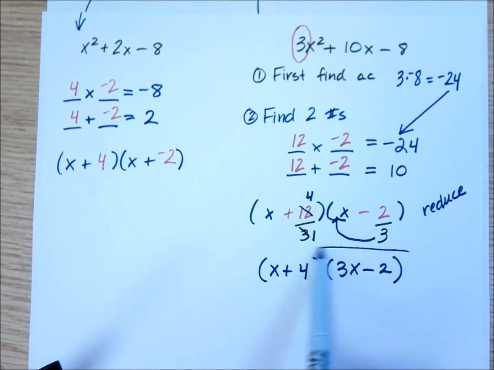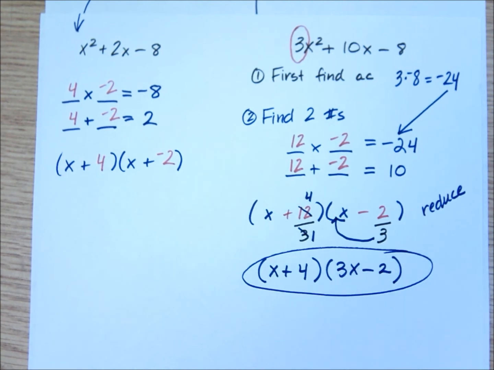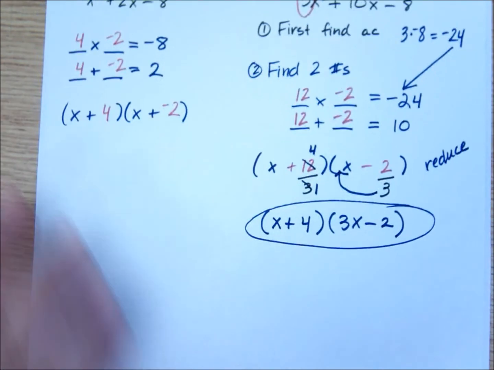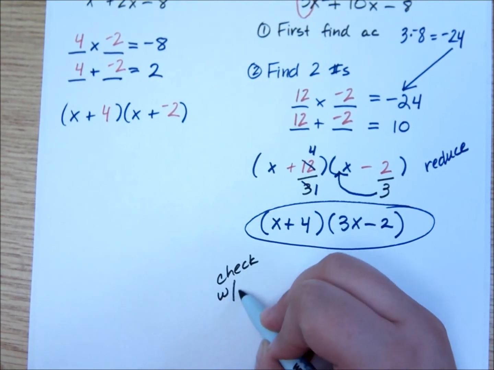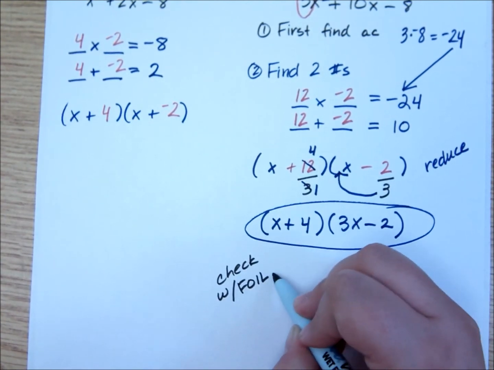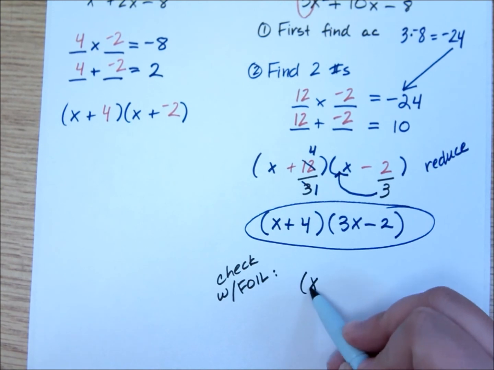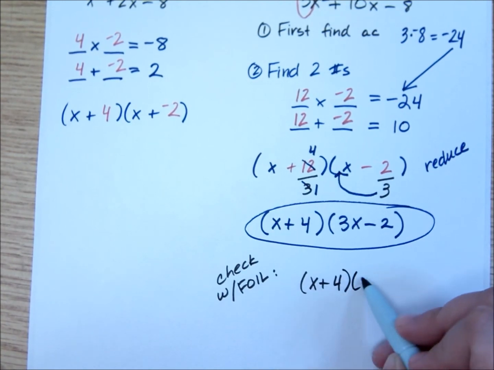Don't forget, you can always check your final answer by multiplying it back out. So let's go ahead and do that. We're going to check, and I'm going to use FOIL, which is just a way I can keep track of what I have multiplied and what I still have left to multiply.